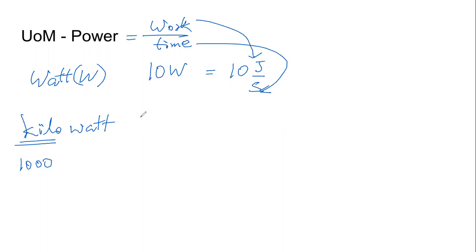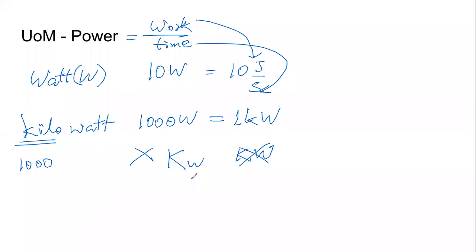So a kilowatt becomes 1000 watt. It is also written as small k, capital W, kilowatt. Small k, capital W. It is not capital K, capital W. It is not capital K, small w. This is wrong. This is also wrong. The only correct way to write this is small k, capital W.